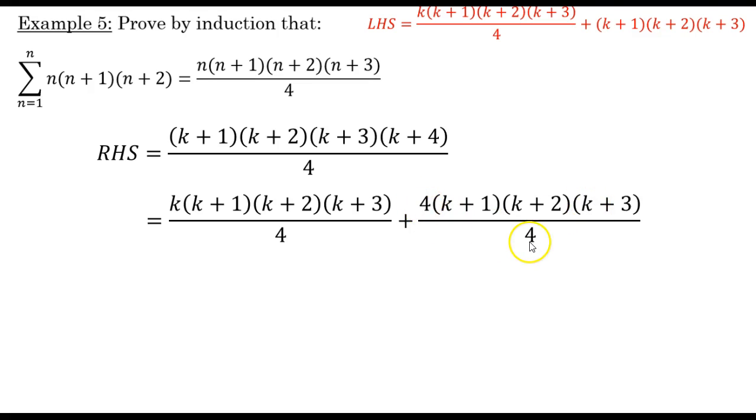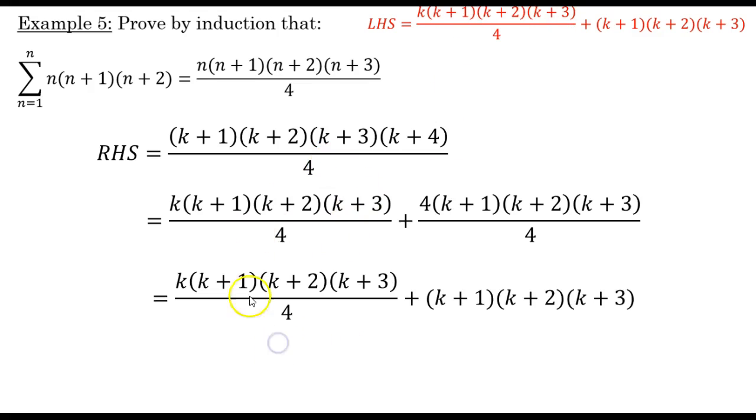Now the 4s cancel, and the first bit here is looking awfully like this. So that is k times k plus 1, k plus 2, k plus 3, all over 4. That looks great. And then I cancel the 4s here, and I've got k plus 1, k plus 2, k plus 3, just as required.